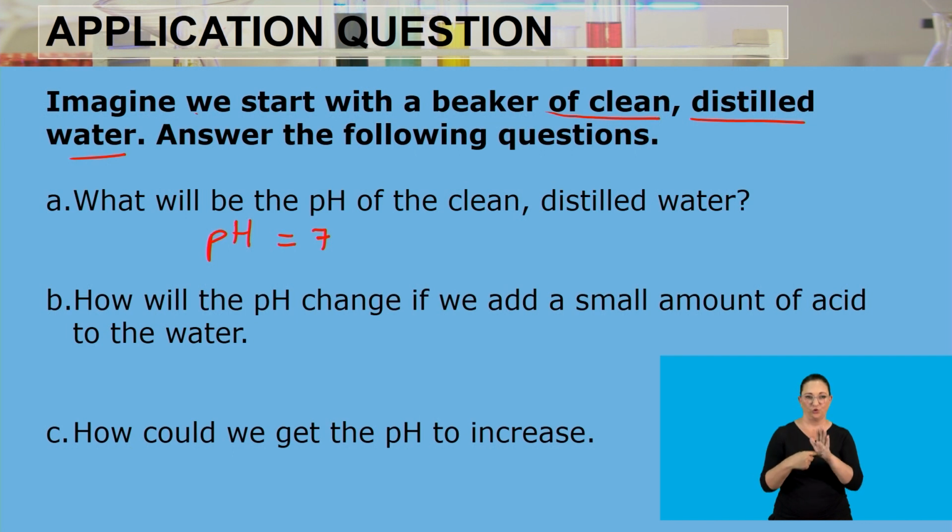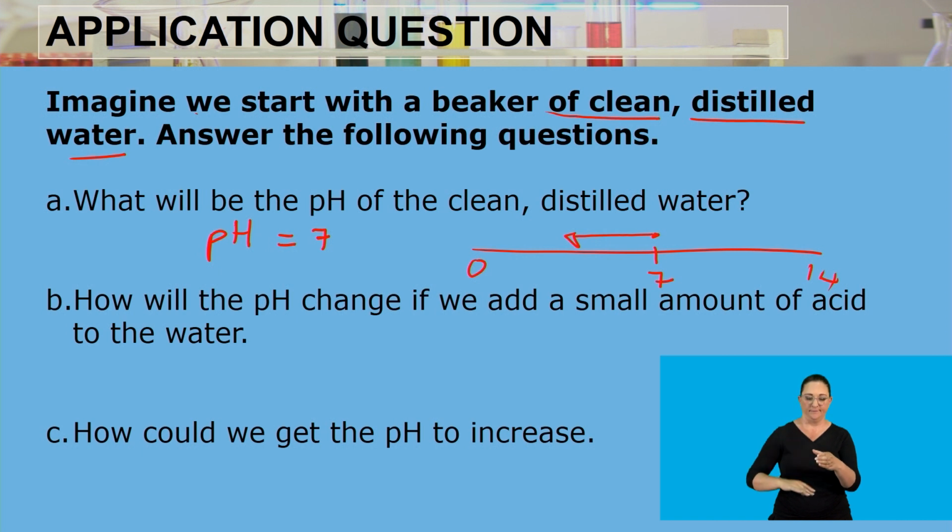Now, how will the pH change if we add a small amount of acid? So we go to our pH scale. We are here now, 0 to 14. When we add an acid into the distilled water, that means the solution of the distilled water and that small amount of acid is going to be more acidic. So it's going to favor the side going to the left.